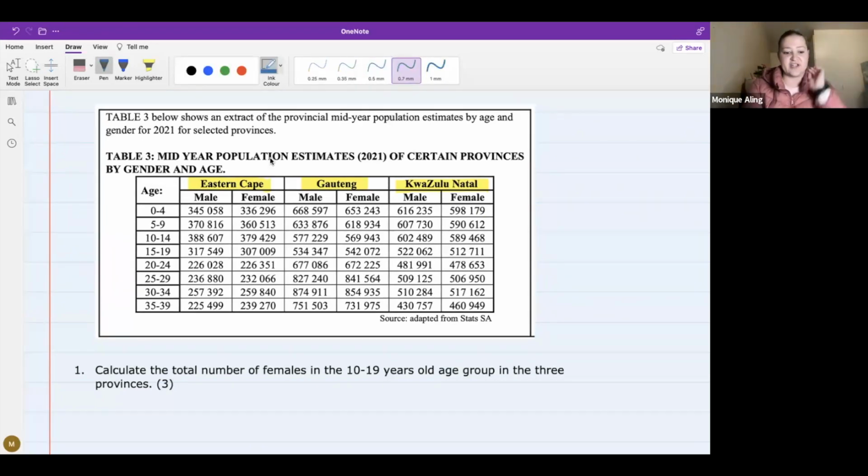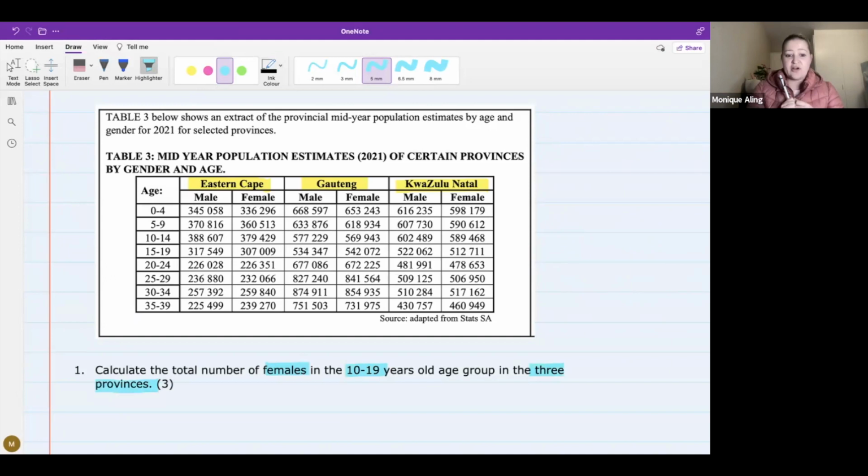The first question says, calculate the total number of females in the 10 to 19 years old age group in the 3 provinces. So we're looking at the total number of females, 10 to 19 years old, across all 3 provinces.